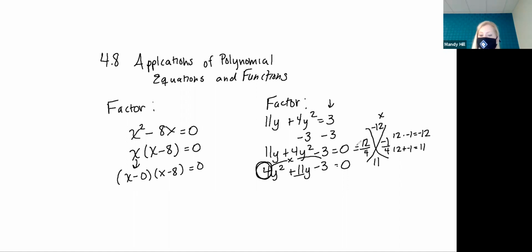So 12 divided by 4 would get me 3. And then -1/4, well, that's already reduced. So my answers, I would use the 3 and the -1/4 to write my answer. And remember, we would put the number on the bottom and front. So we would say 4y minus 1.